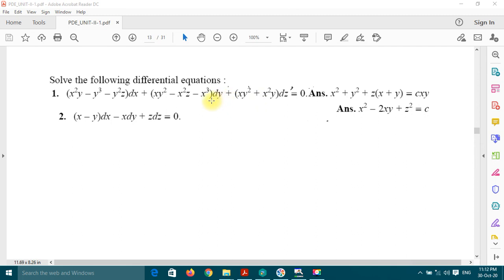It means the given Pfaffian differential equation is a homogeneous differential equation. So apply the method we have discussed in the above problem, and solve this differential equation. And you know very well, before solving this differential equation, you have to verify the condition of integrability.